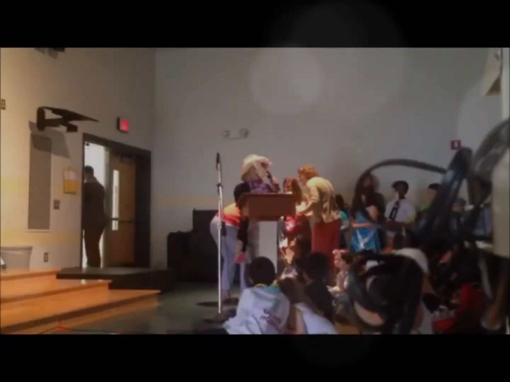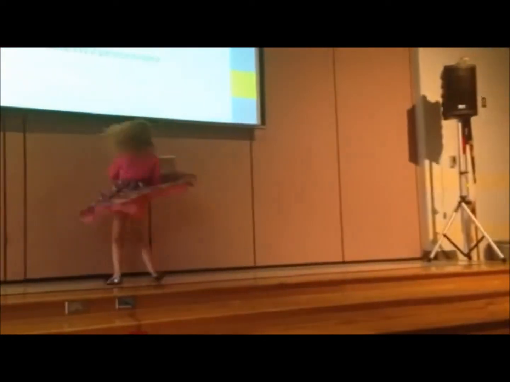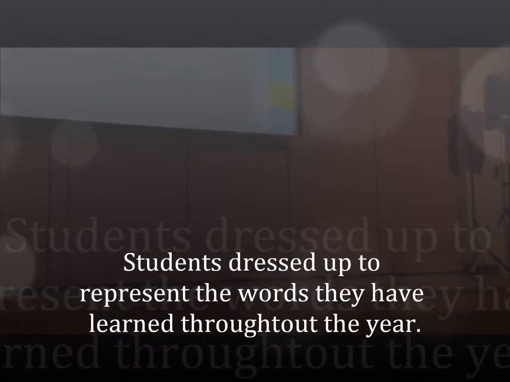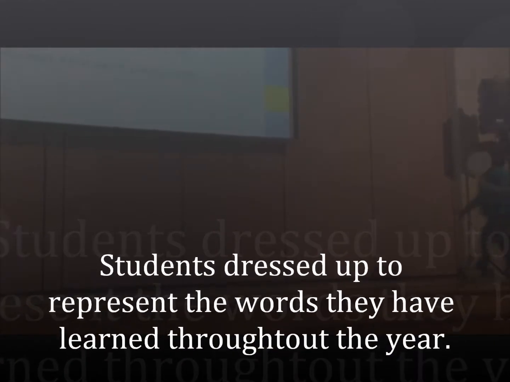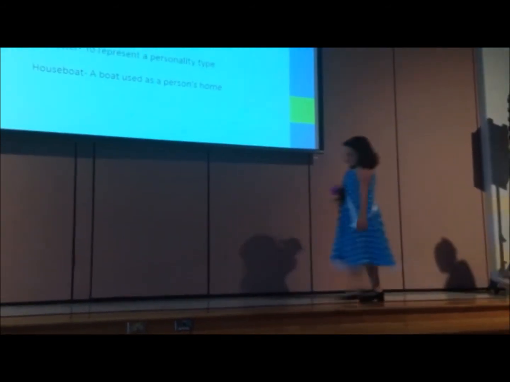We have Addison as mirthful, which means happy. Next, we have Morgan with glum, which means sad. Next, we have Abigail, Sanaa, and Will with joyful, which is another word for happy.